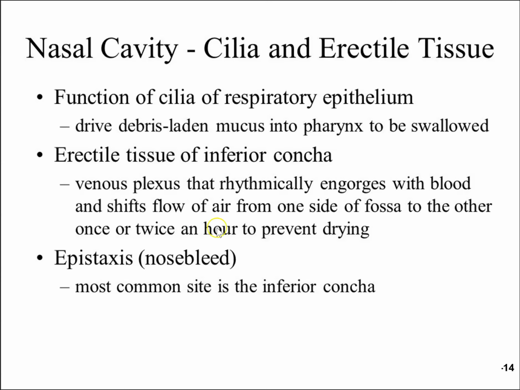And the nasal concha is the region where you have epistaxis, or nose bleeding. So you see this in winter when your nose gets too dry due to lack of moisture in the air. So the nosebleed usually occurs in the nasal concha.